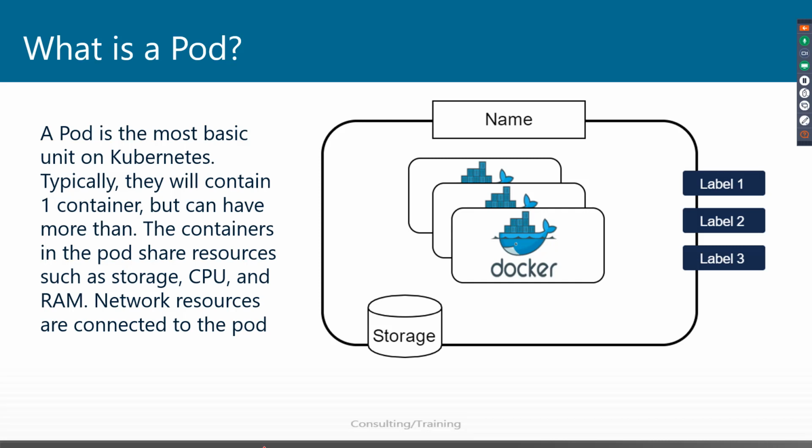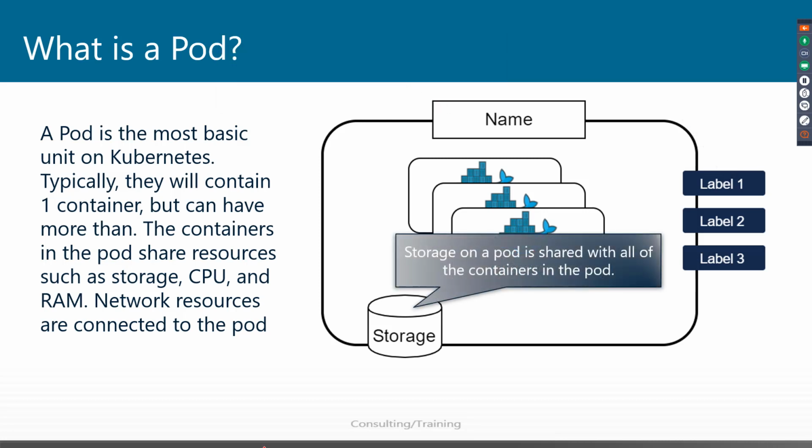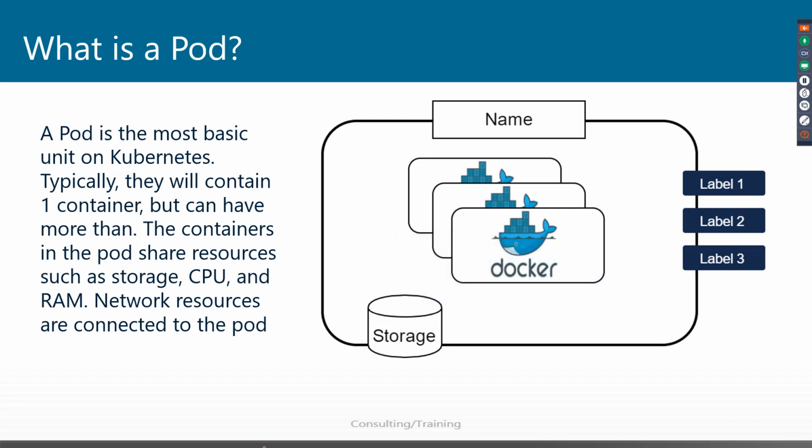The basic architecture of this is pretty simple. You have a name, you have some labels to do queries against, and then you have storage that is provided to that pod. It's either the host storage, which would be the disk of the actual node that is running the pod, or some kind of storage provided by something like Azure File Storage. We're not going to get into the details of how to do all that.